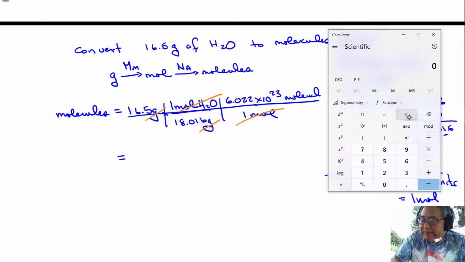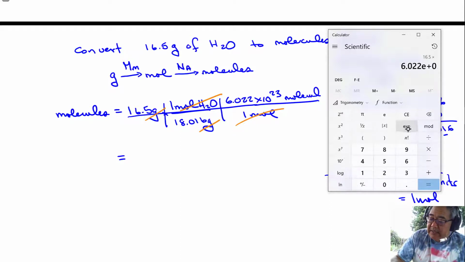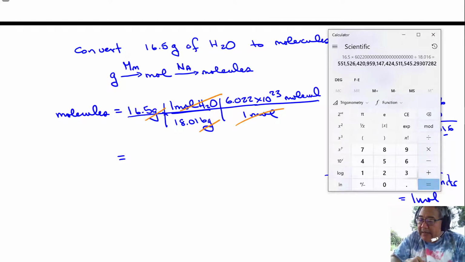Sorry. 16.5 times 6.022 E23, and then I'm just going to divide by 18.016, like that. And that'll give me that number, which is this giant number.